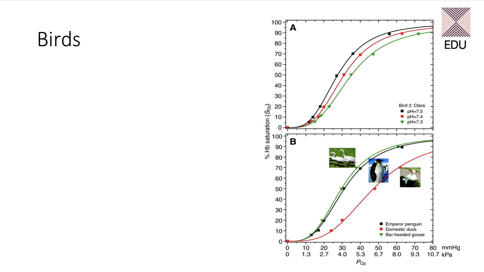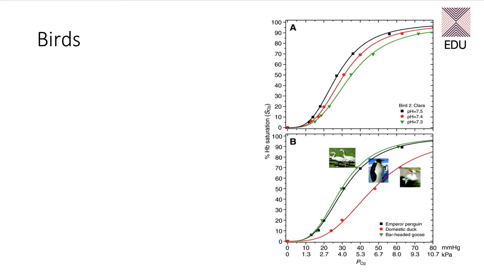So that means if you decrease the pH, if you go acidic in the bird Clara, if you decrease the pH of the blood, what is the result? The Hb saturation will be decreased. The black, the first graph, is more efficient Hb, it is going up very quickly than the red one.